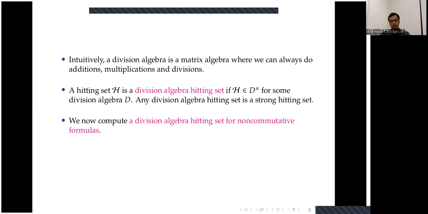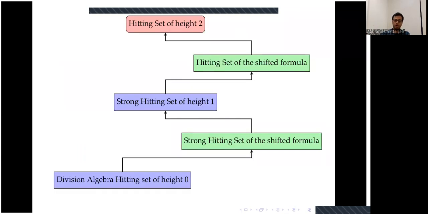So all we now need to do to construct a strong hitting set of height 1 is to construct a division algebra hitting set for height 0, which is just non-commutative formulas. And that is exactly what we do. Overall, the idea is the following: our goal was to come up with a hitting set of height 2, and for that we saw that it suffices to come up with a strong hitting set of height 1.